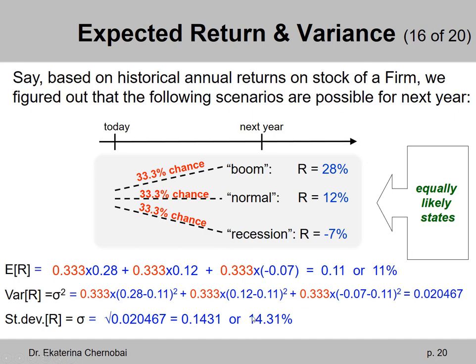So the standard deviation 14.31% shows the magnitude of the fluctuations of the actual returns, how far apart they will be in the future from each other. Well, actually not from each other, it's more like the average distance from 11%, either above or below.